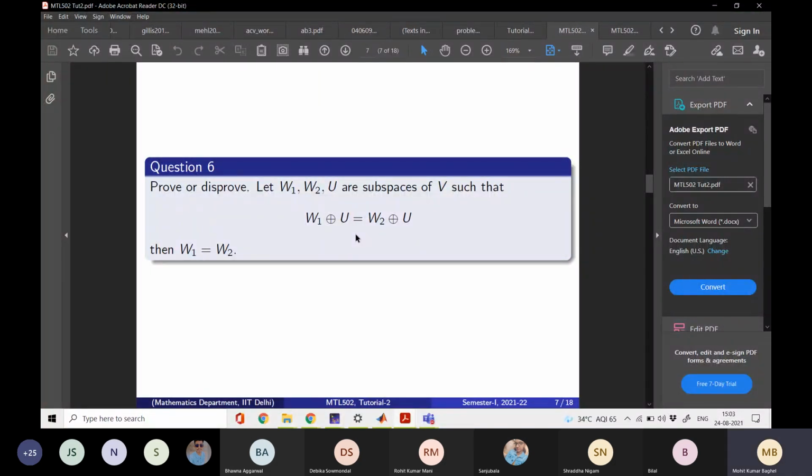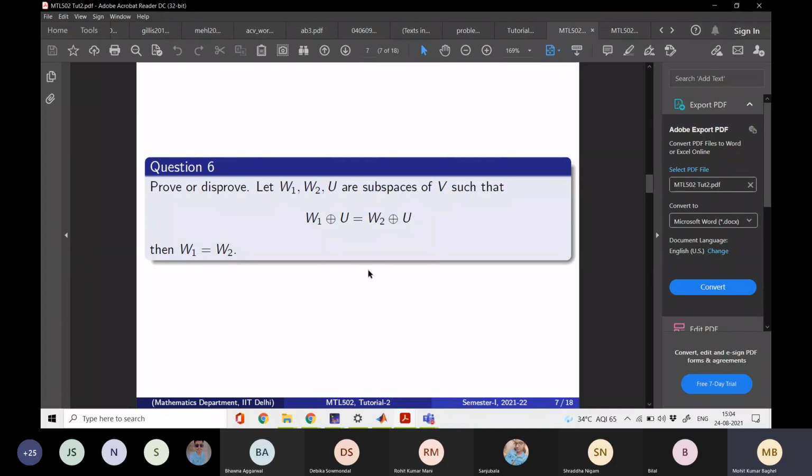Have you done this question? No, sir. Any idea? Just think about this question, because direct sum, I think in today's lecture you have studied, right? Yes, sir. So just try to write the answer, because you can already see that this question five is not true for the normal sum.